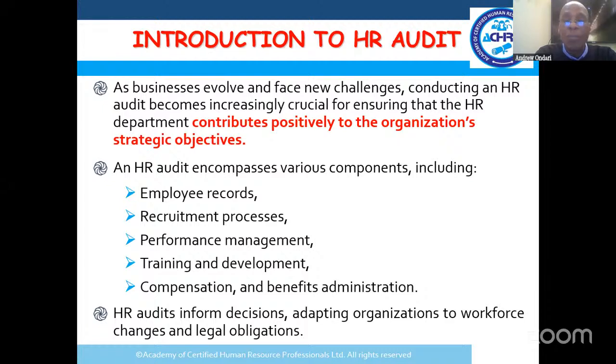The second aspect that we shall be auditing is the recruitment process. As we all know, this is one of the basic functions of HR managers, and it's a process of bringing on board potential and qualified candidates. So we shall be looking at the functions of HR, one of which is recruitment and selection.